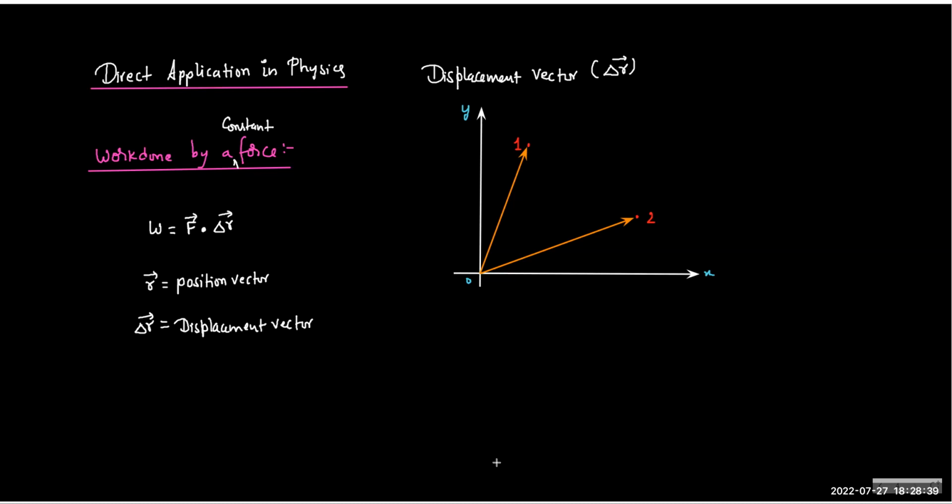So tell me, is displacement a vector or scalar? Vector. And the shortest distance is what? Scalar. So how can a vector be equal to a scalar? That's a contradiction. So the definition is inaccurate.